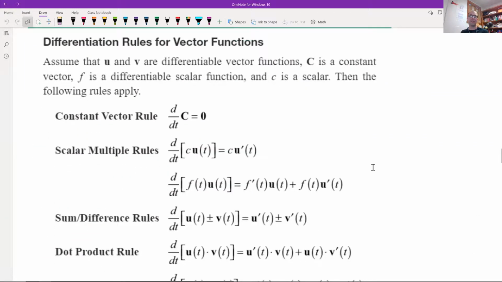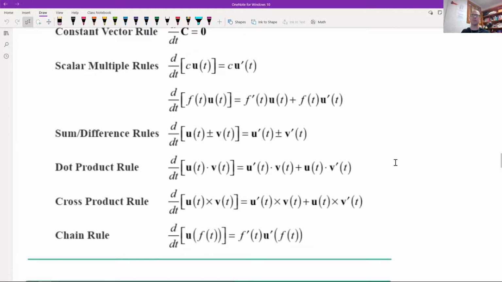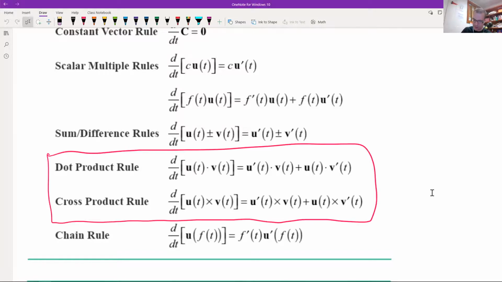There are differentiation rules, all the basic stuff from Calc 1, same thing, except we're doing it component wise now. I guess these two are new, dot product rule and cross product rule. But notice that they have similar overall forms to the old school product rule.